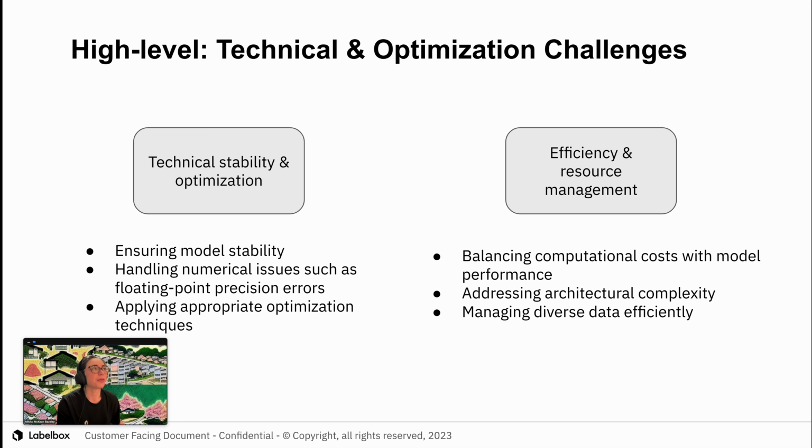For example, what do we mean by technical and optimization challenges? How do you balance the compute cost with the model performance? How do you ensure model stability? How do you handle numerical issues, for example, if you're doing things with the embeddings?